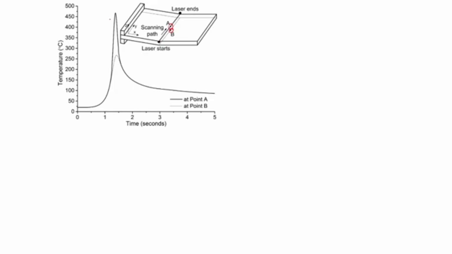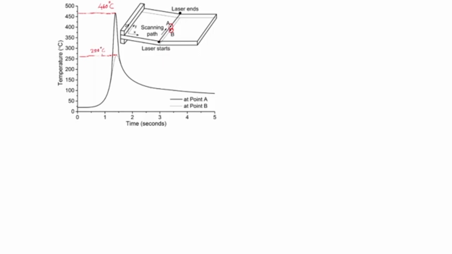You can notice that during the laser application, the temperature generated at the top of the sheet is about 460 degrees Celsius, more than 450 degrees Celsius, and at the bottom surface it is a little more than 250 degrees Celsius.